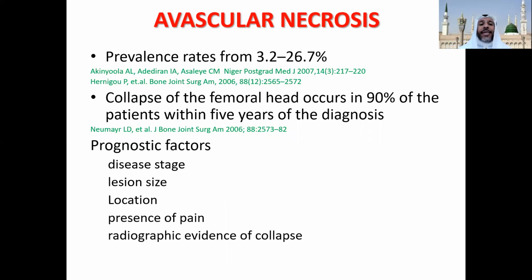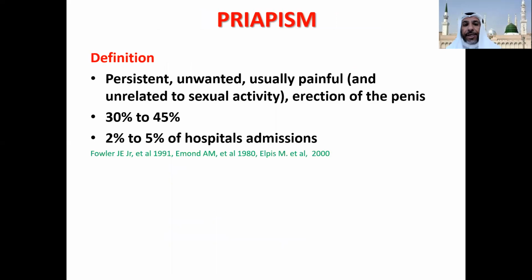As I said, it is not common among all of them, but in some series, they have reported a quarter of the patients have avascular necrosis. The collapse of the femoral head occurs in 90% of the patients within 5 years of diagnosis. The prognostic factors: disease stage, lesion size by itself, the location of the avascular necrosis, presence of MRI changes, and the radiological staging of the avascular necrosis.